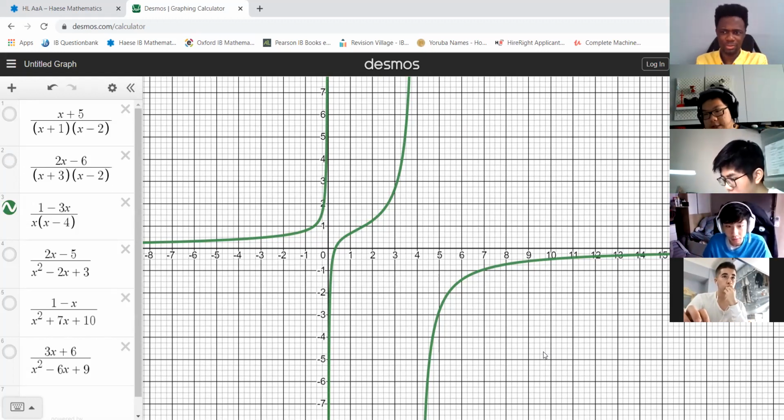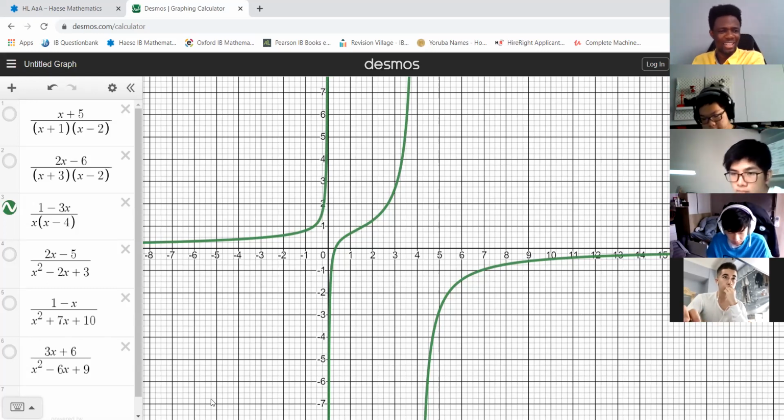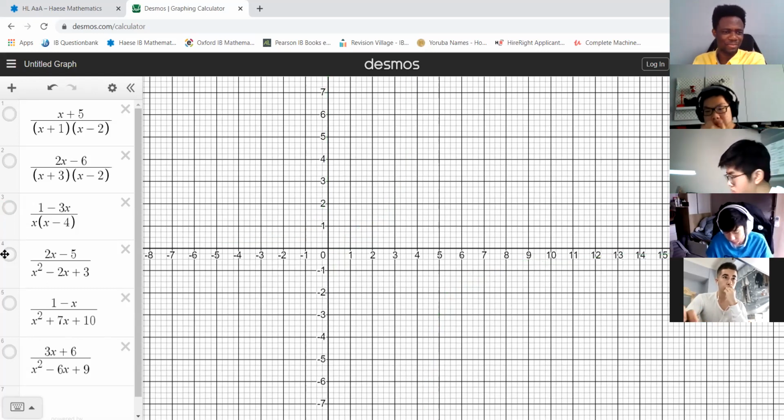I don't know if you need to say the range, but I'm gonna say it anyway. It's all real numbers, because although there's an asymptote there, it crosses, so the range is all of it. That's true. The horizontal asymptote is y equals 0. The vertical asymptotes are x equals 0 and x equals 4. Perfect.